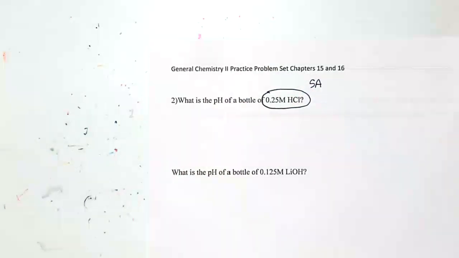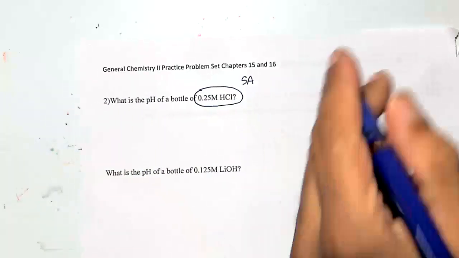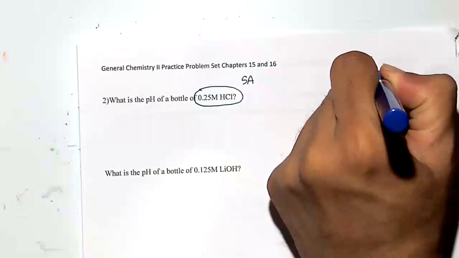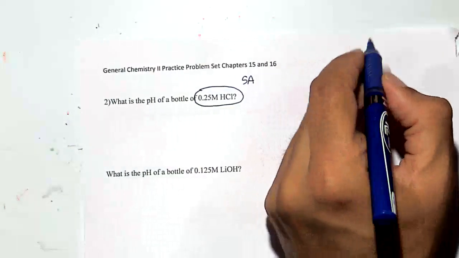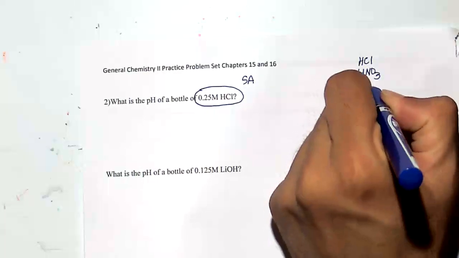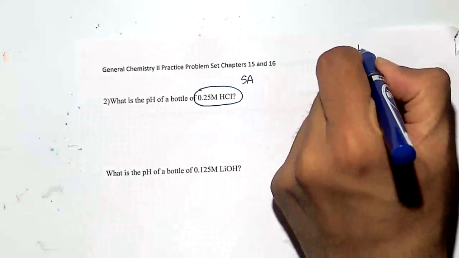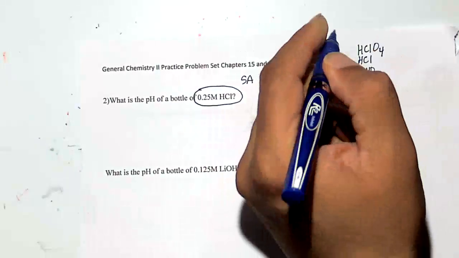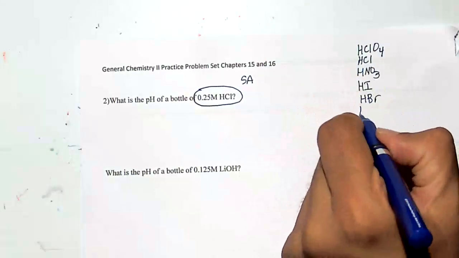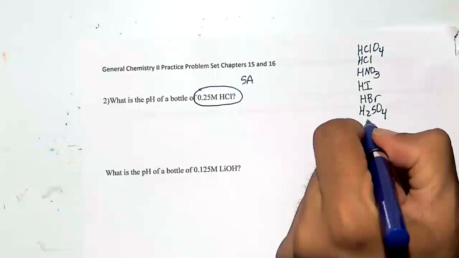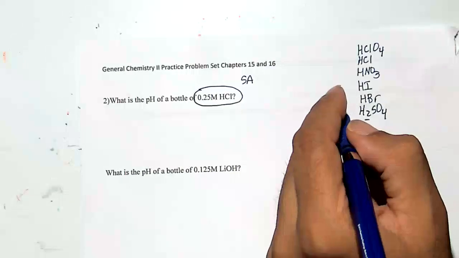Can anyone name those 6 strong acids? One of them is HCl. One is HNO3. What's another one? HI, HBr. One that we don't see a lot, but it's also strong, is perchloric acid. And the first one, sulfuric acid, it's diprotic, but the first proton is acidic.